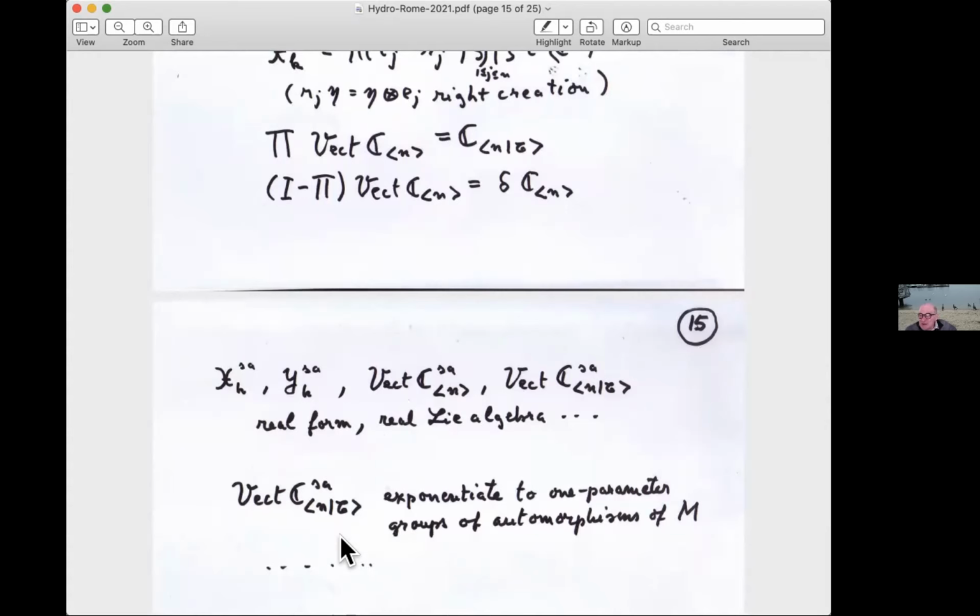This is a derivation on a dense subalgebra of the von Neumann algebra of a free group. This derivation exponentiates to a one-parameter group of automorphisms of M. One has to prove that, and it's non-trivial. So it exponentiates, and the exponential makes sense. That's another feature of these vector fields, which makes these Euler equations possible.